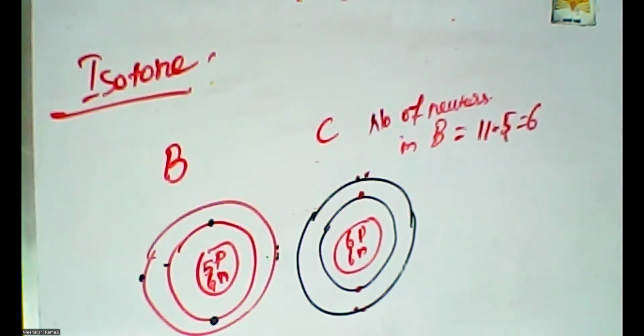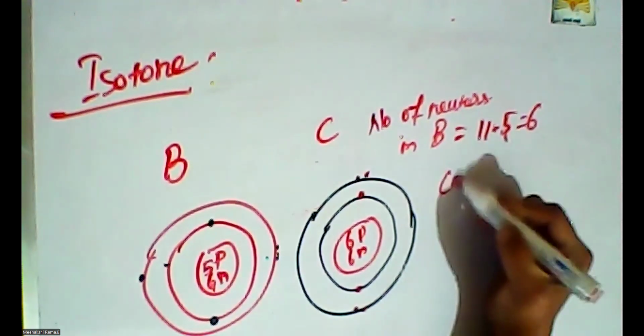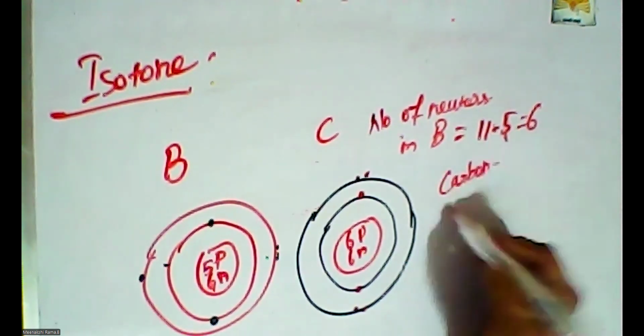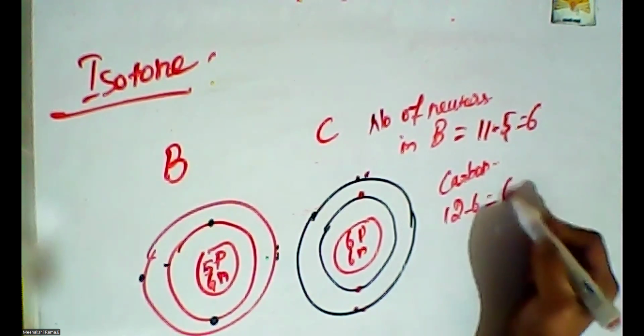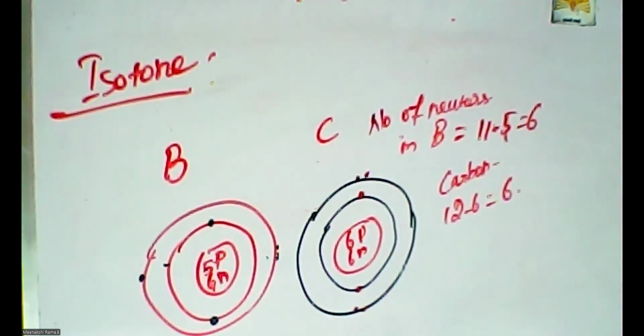And then the number of neutrons in carbon is also 12 minus 6, so that is 6. So in this example, the elements boron and carbon have the same number of neutrons.